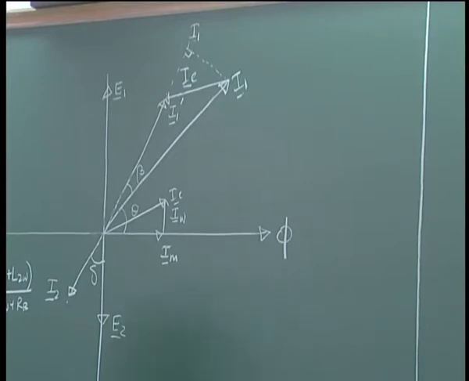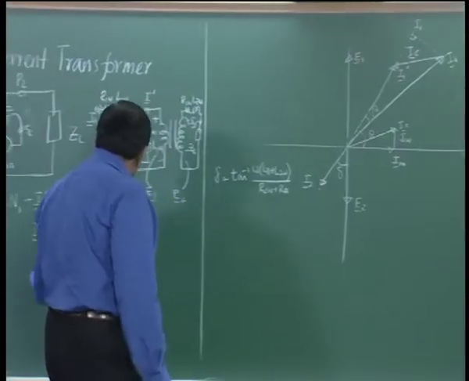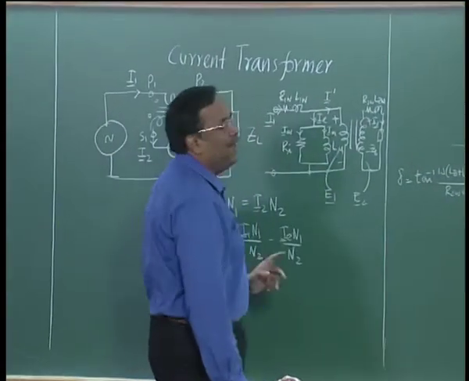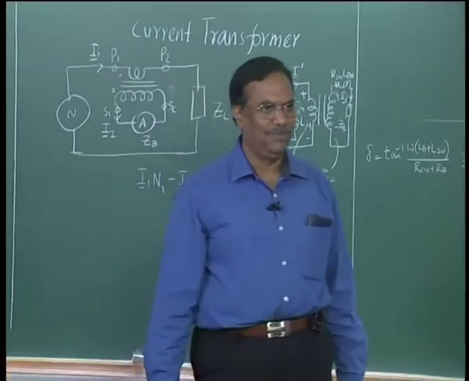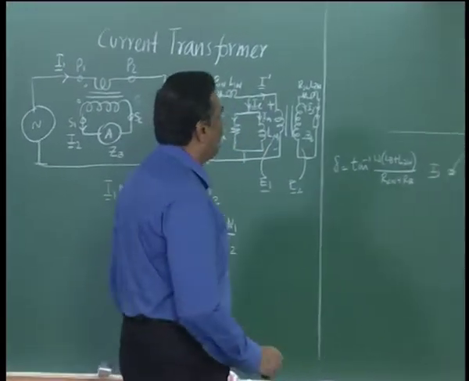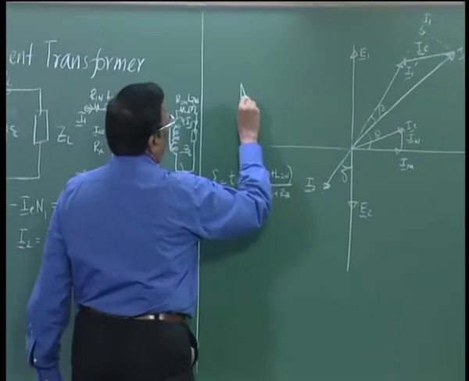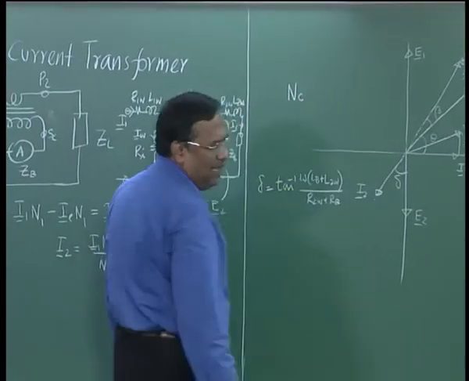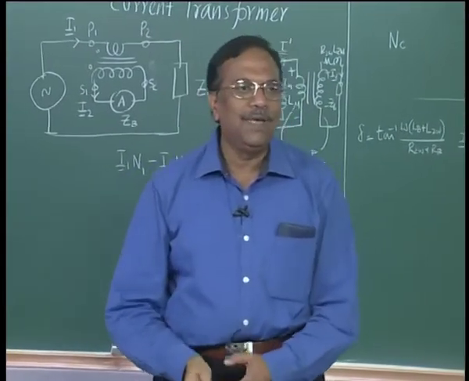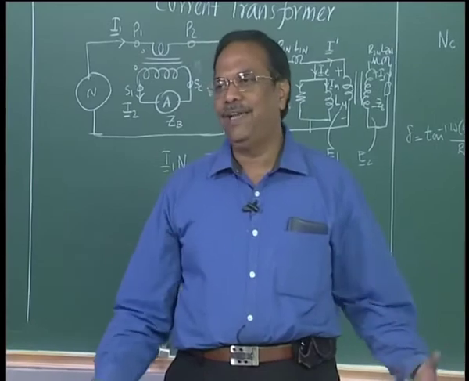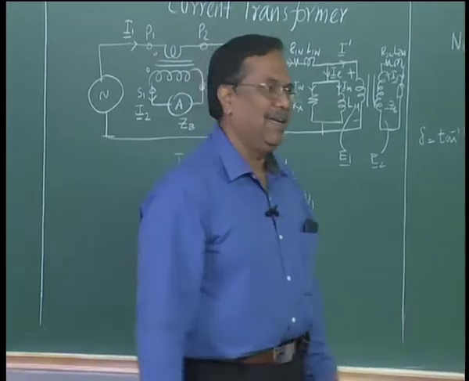So, we call the expected N1 by N2 the current transformer ratio. What is the current transformer ratio? I call this NC. Let us say I want to measure 100 ampere current with a 1 ampere ammeter. What is the current transformer I need? 100 bar 1, excellent.